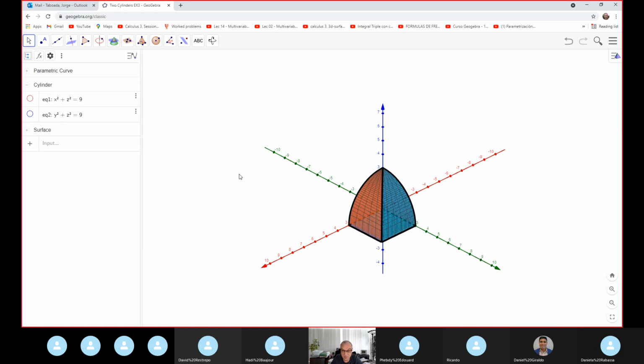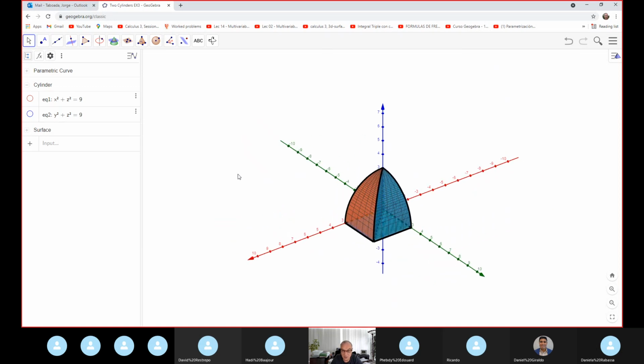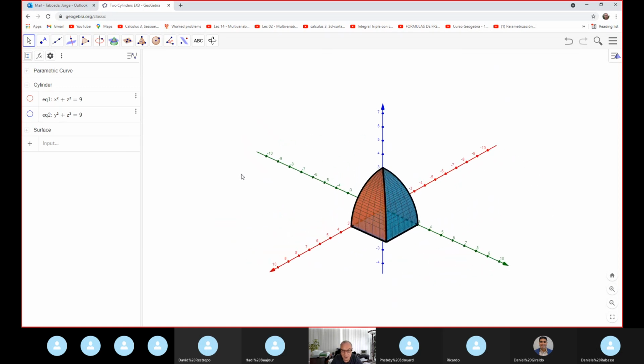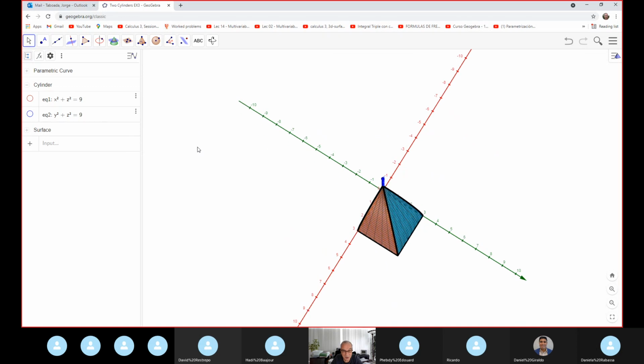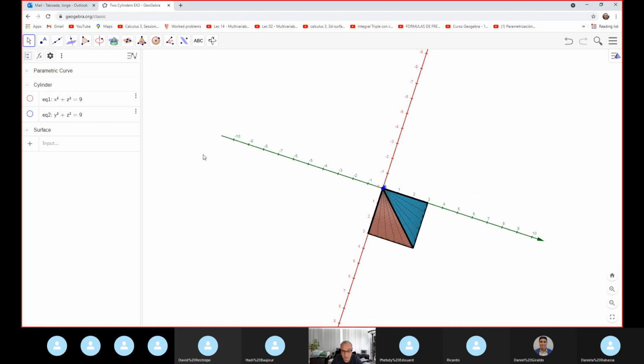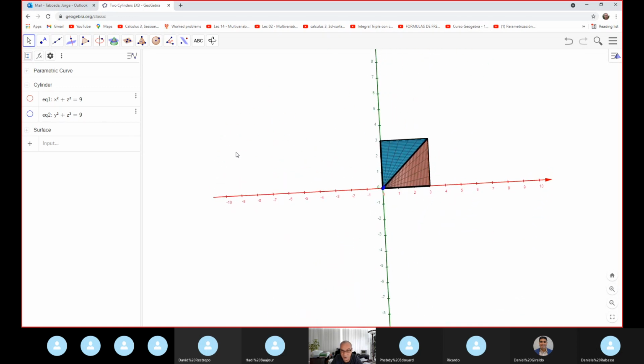This is my solid. My solid is formed by this wall, which is one cylinder, and this wall, which is the other cylinder. I intentionally put them in similar colors. Now the floor plan: this is the x, y axis. Remember, x is the red one, green is y.